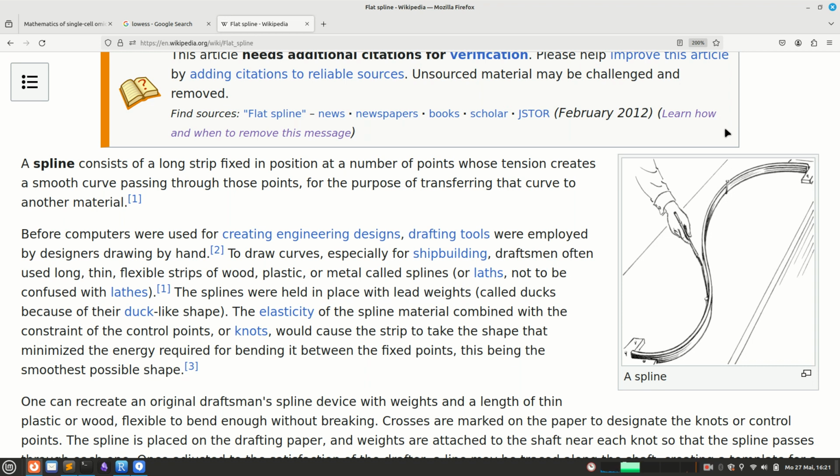That was the tool that draftsmen used back before the advent of computers in order to make such nice swinging lines. They used a piece of thin wood, which they put between two supports, and then they could just follow that.